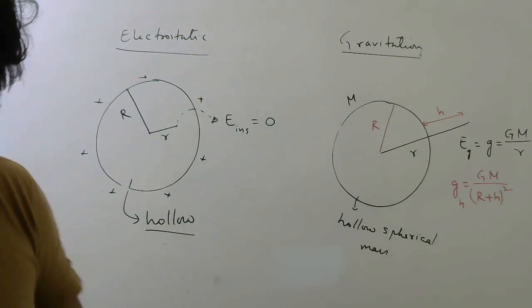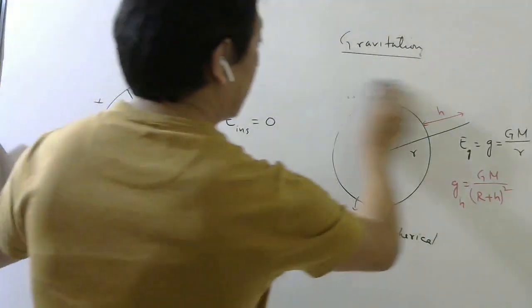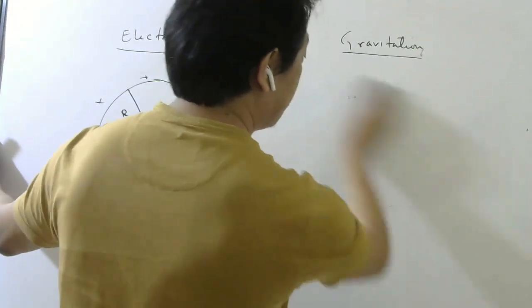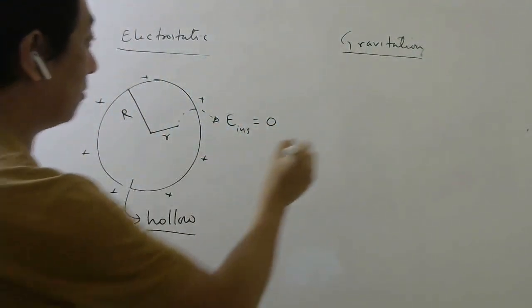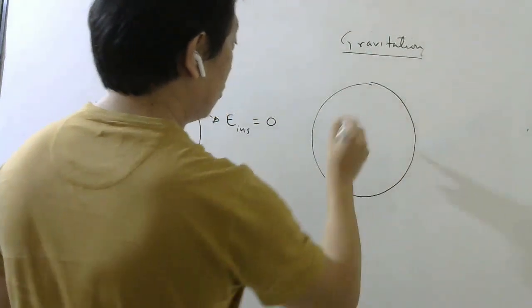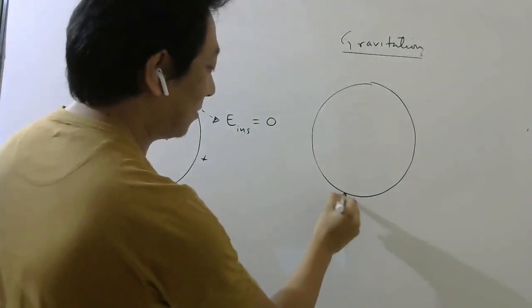Similarly, if you have a hollow mass, don't put charge here, because mass is something which is always there.